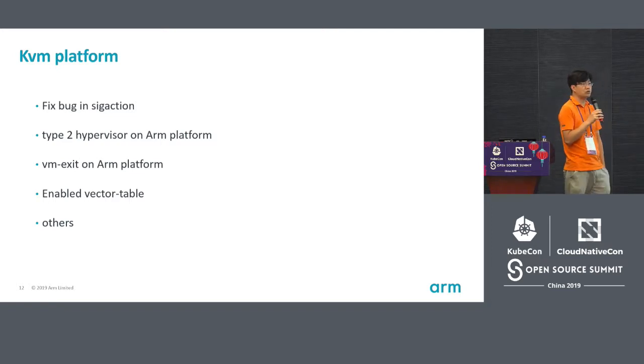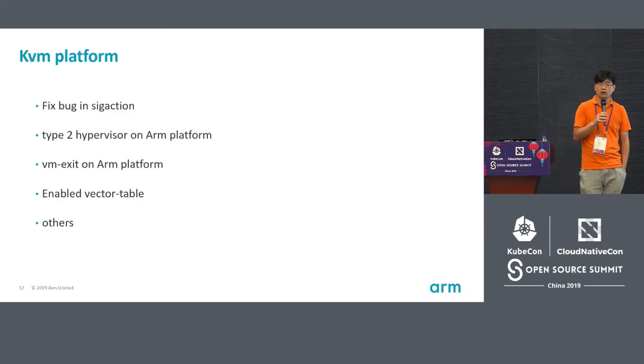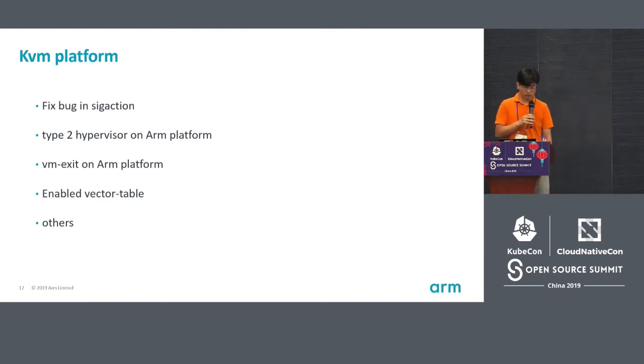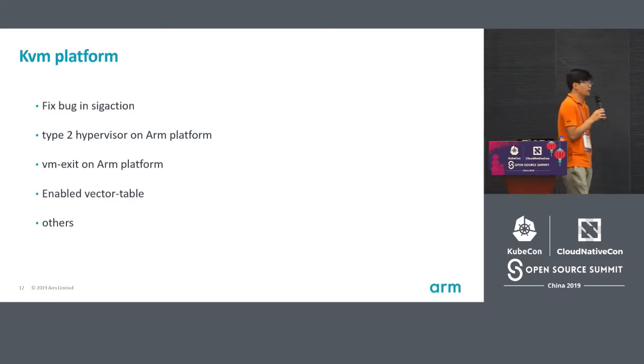The first one is enabled vector table. So it's in the running folder of KVM. There are also some things we need to pay attention to. For example, for the exception list, it's aligned by 11 bits.